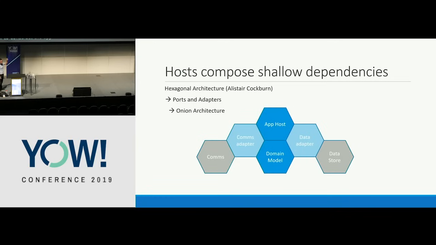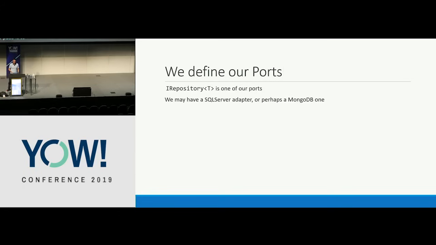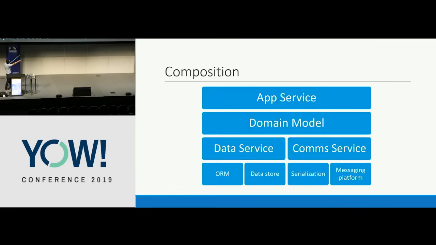So this was a hexagonal architecture, later renamed to ports and adapters, and also getting a little bit of play with onion architecture. We have an app host that sits at the top, and he knows about some data adapters, which will know about the domain. So we define our ports. We'll go back and have a quick look at that. That IRepository wants one of our contracts we defined, and we might have a SQL Server one, we might have a MongoDB one.